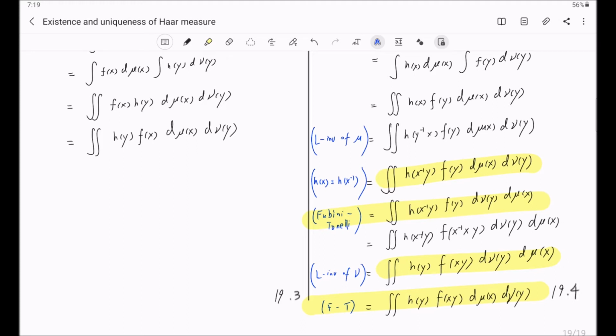If you don't see it, just open any book from real analysis and turn to the page for Fubini-Tonelli theorem and see what things are missing in here. I'll tell you the answer anyway later.